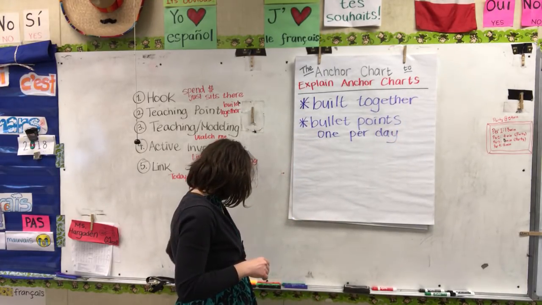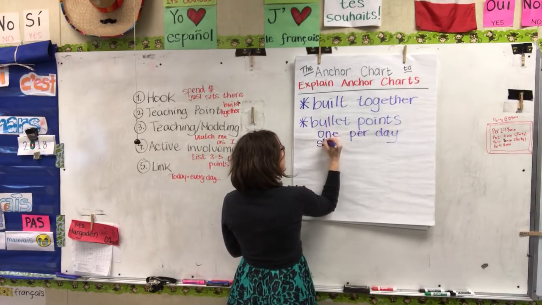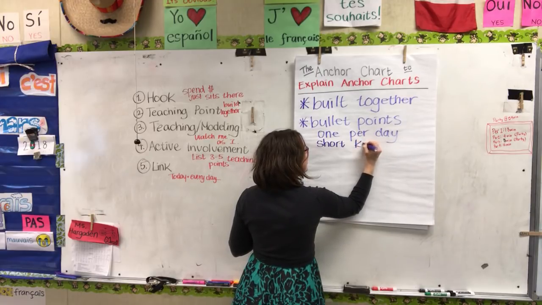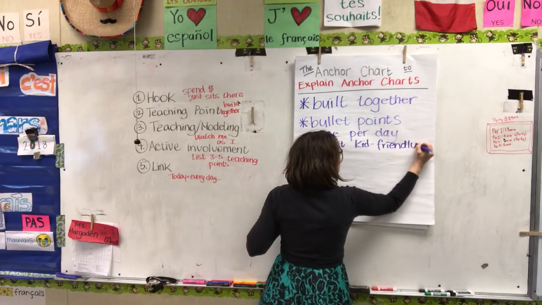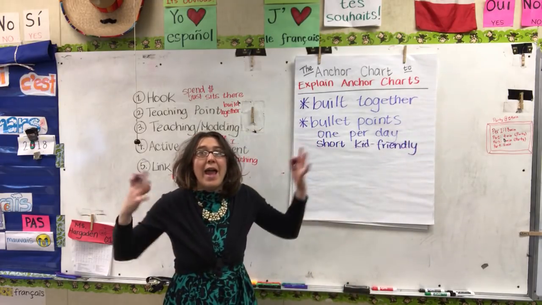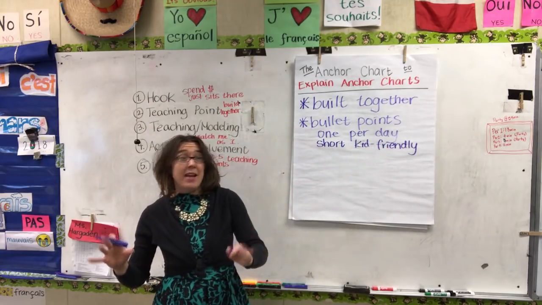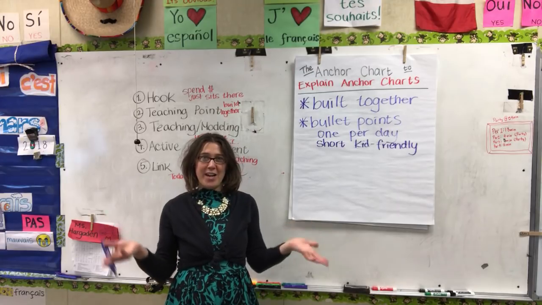Also, the bullet points tend to be made in very short, kid-friendly language. Well, A, you want it to be memorable to the kid, and B, you want it to not take a million years to write it down.